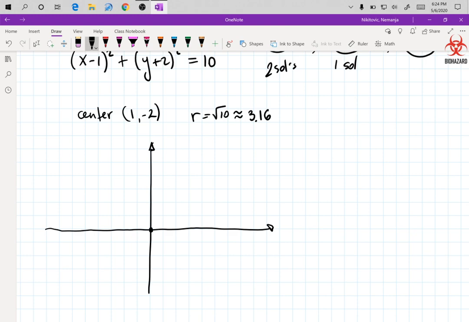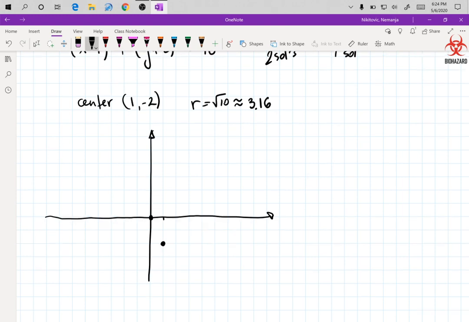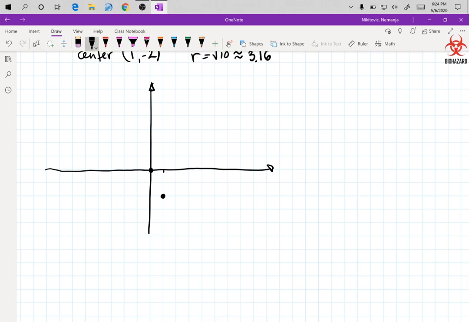I have the center at 1, -2, and then I need about 3.2 units each side to make a circle. Again, you don't have to sketch this. Those who do sketch it will immediately know how many solutions they're expecting. So this is 3.2, 3.2, 3.2, and 3.2.